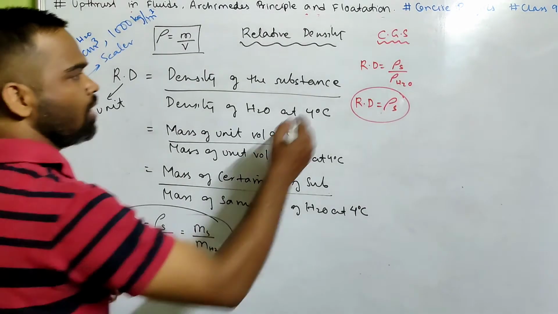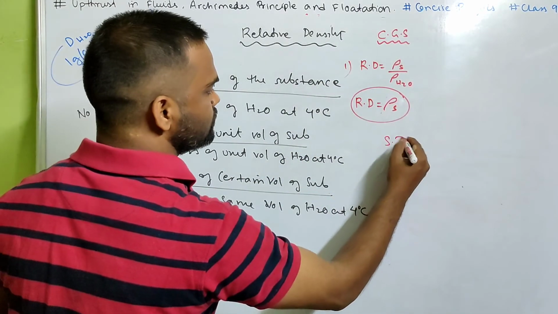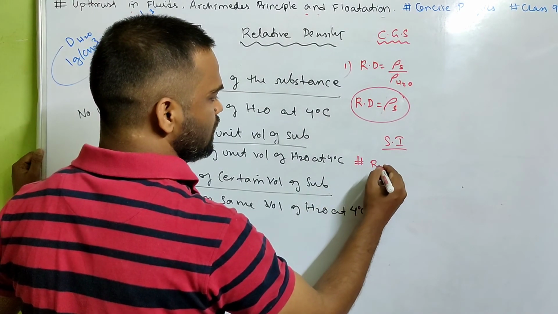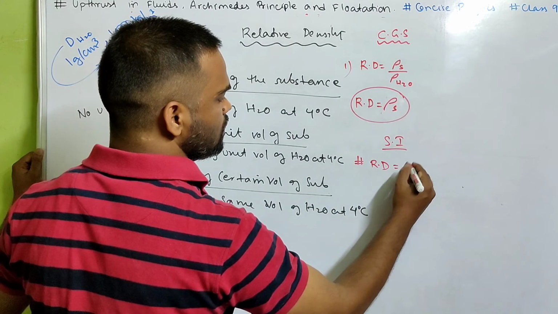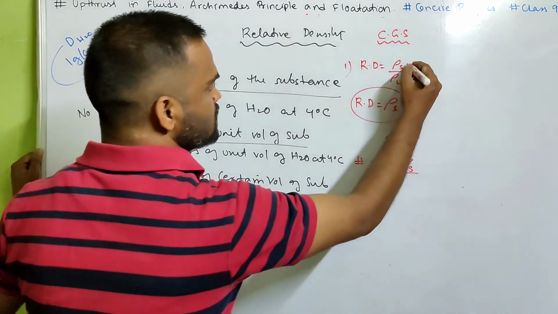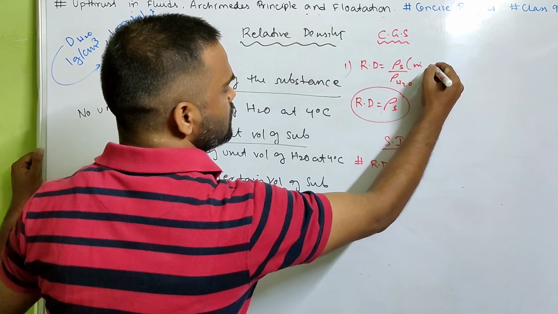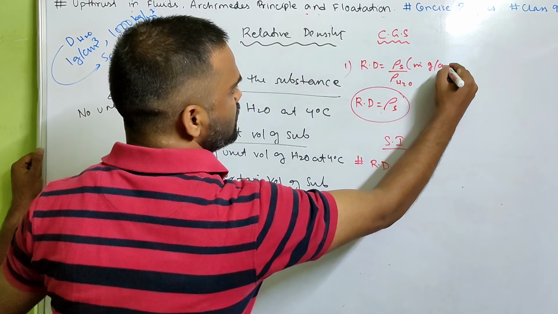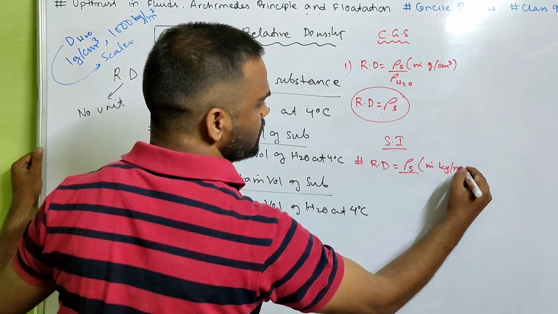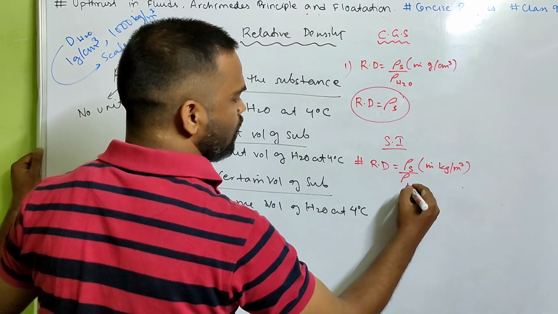And when you talk about the SI system, if you look carefully, relative density is rho of S, the density of the substance, which is in kg per meter cube, divided by rho of water.